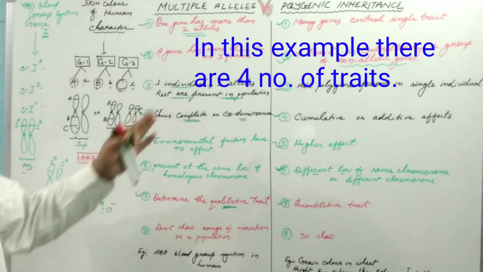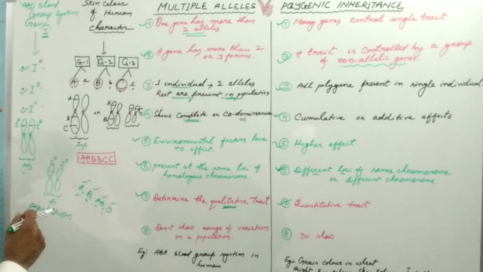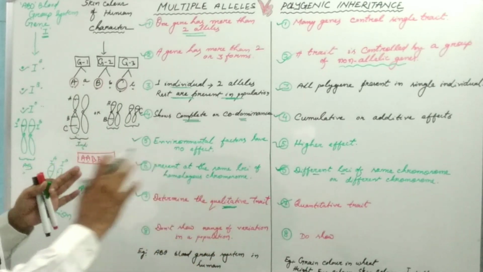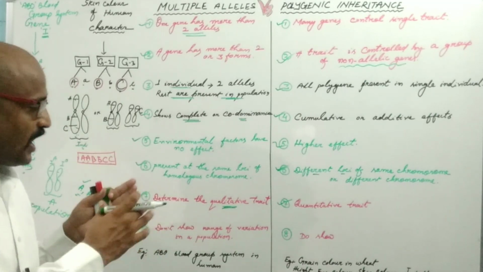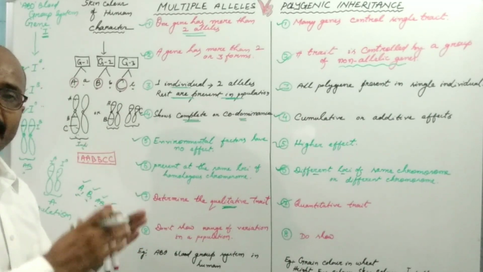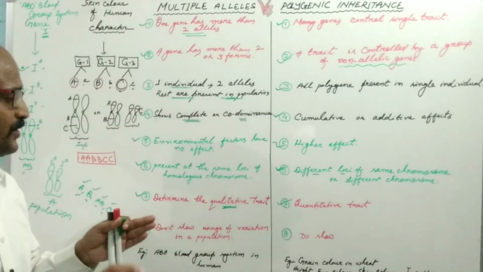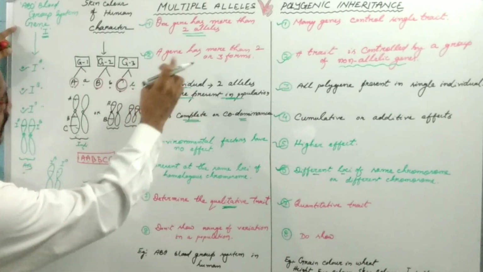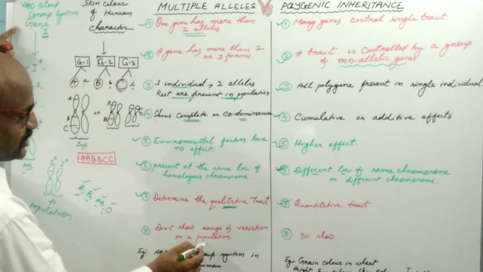But in case of polygenic inheritance, for skin color of humans, you find multiple varieties of skin color. If you consider the height of humans, then you find multiple varieties of height, from tall to dwarf. So it means multiple alleles don't show a range of variation in a population.